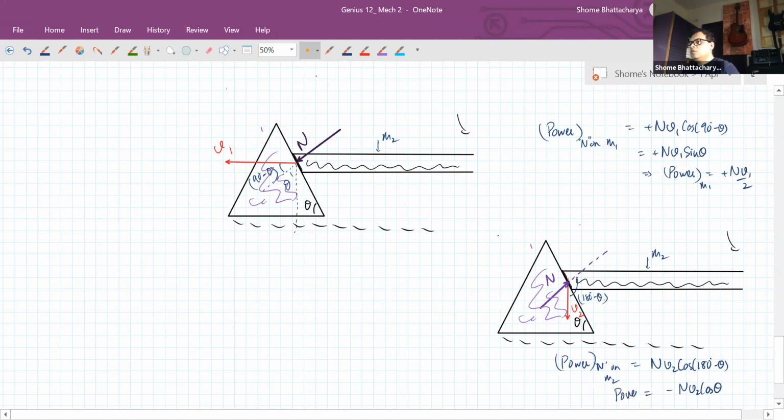So this is the power delivered on M2. Now this action reaction pair on this system, the net power delivered by this normal reaction action reaction pair should be 0.